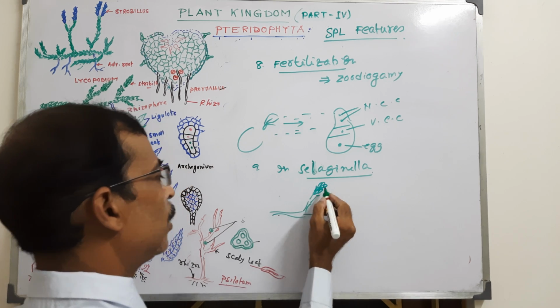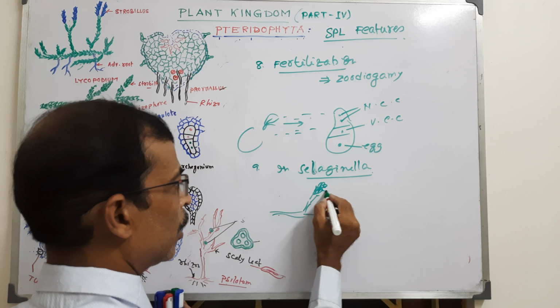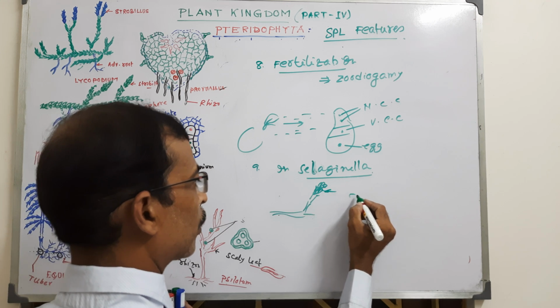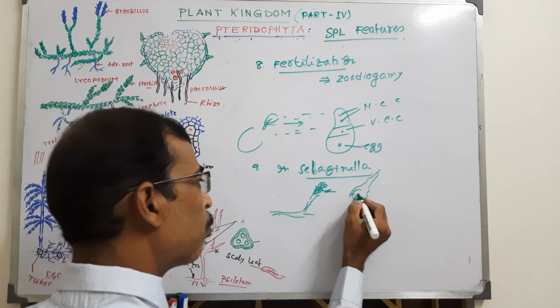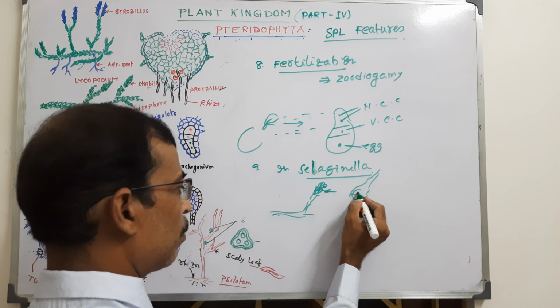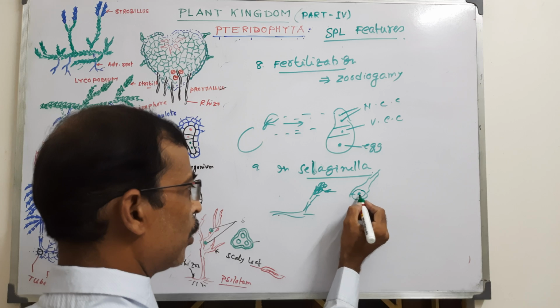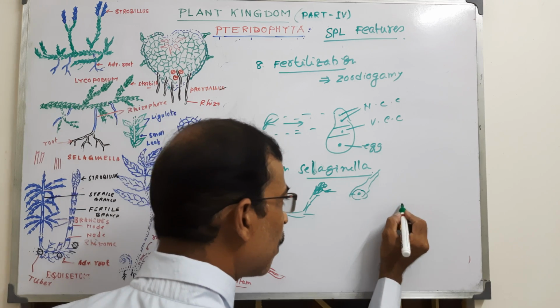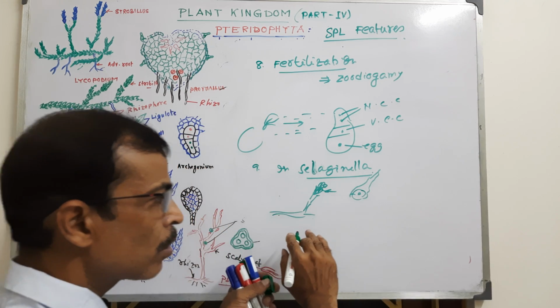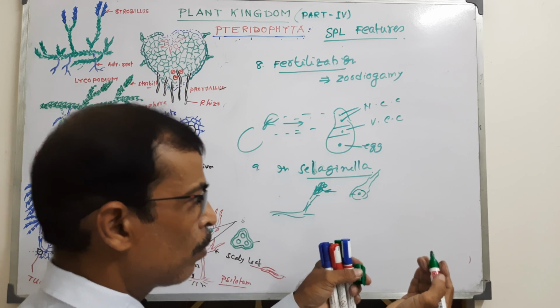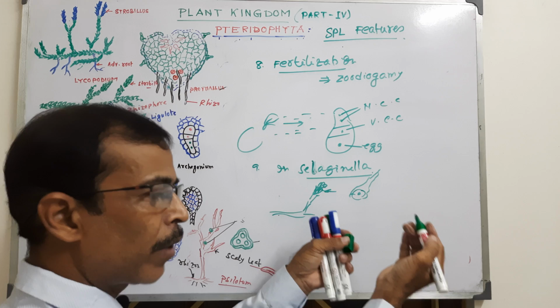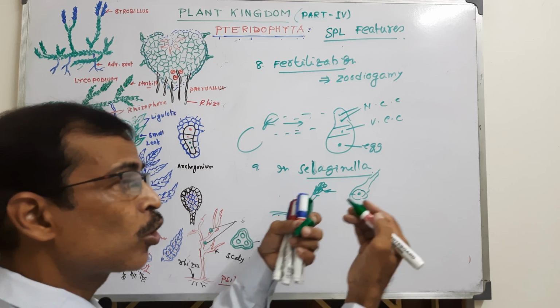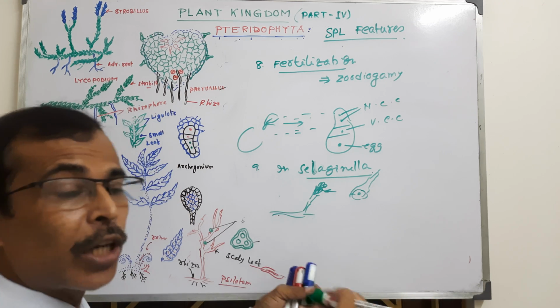and this spike or strobilus bears sporangia, and when spores are formed within the sporangia, these spores do not come outside. When the spores come outside from the sporangia and develop on the soil to form gametophyte, this is called exosporic germination.